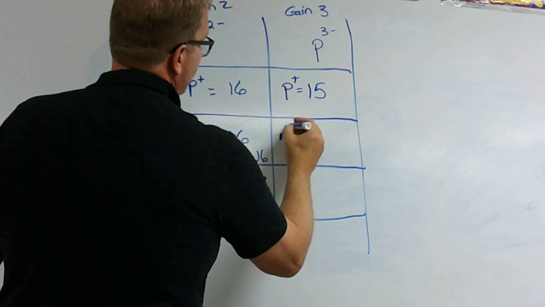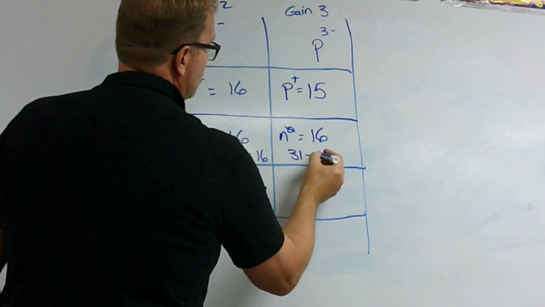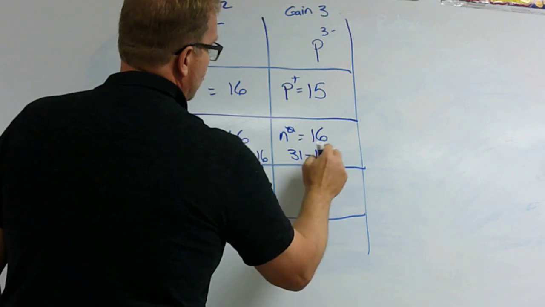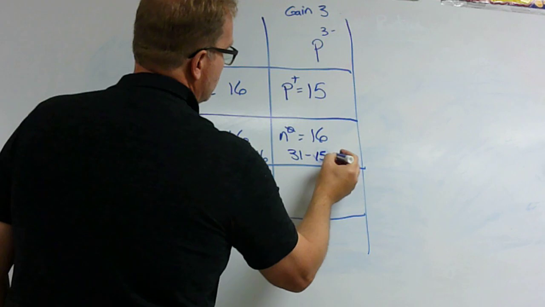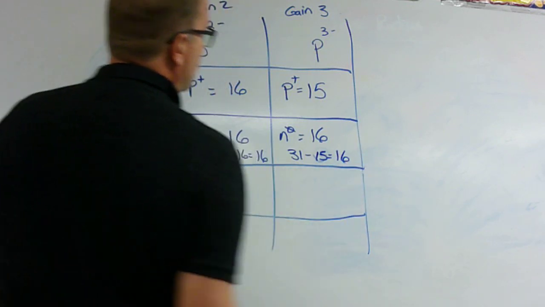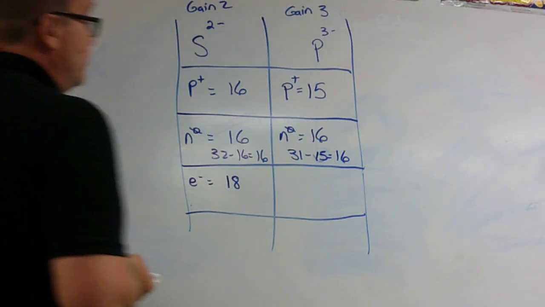My neutrons are actually going to equal 16. 15. And now I'm going to gain 3. So believe it or not, these are still isolated.